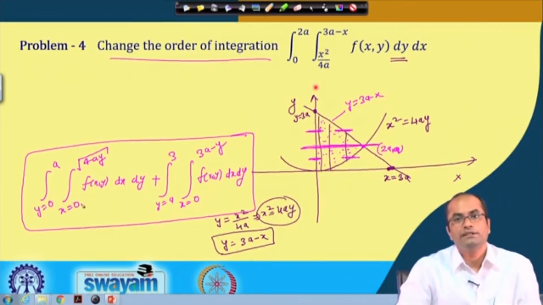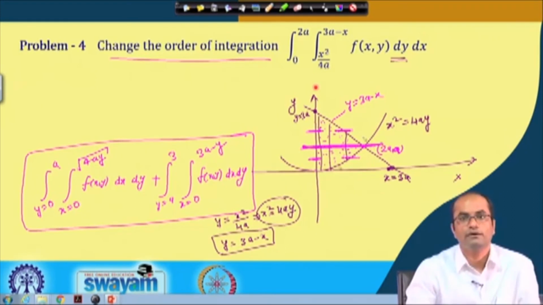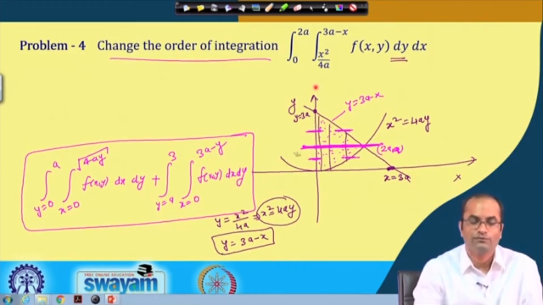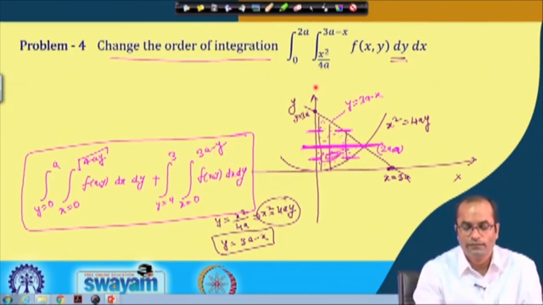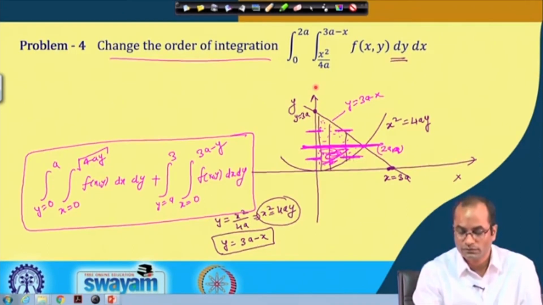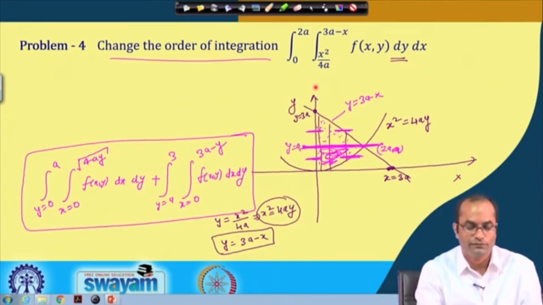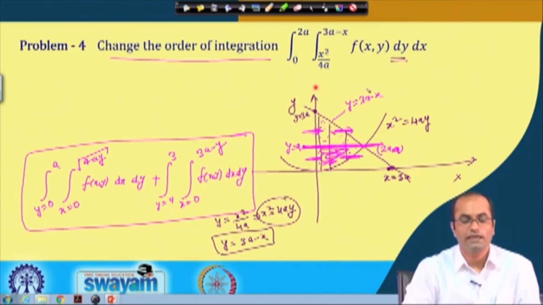We got these two integrals because we need to divide the domain into two parts. The line parallel to the x axis was not going from one curve to the same other curve. In the lower domain, we had x from 0 to the parabola, while in the upper domain, when y is greater than a, it is entering again at x equal to 0, but it will exit from the line y equal to 3a minus x.